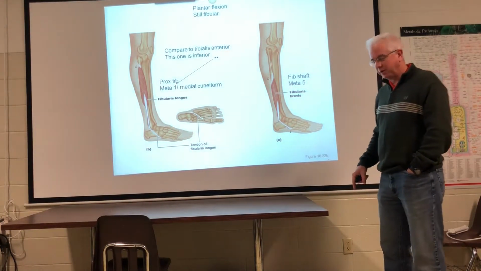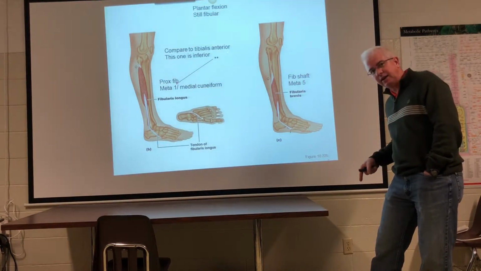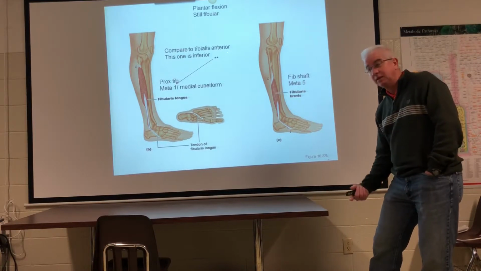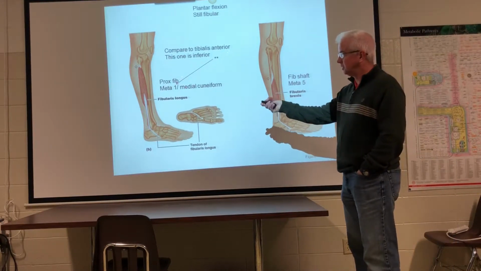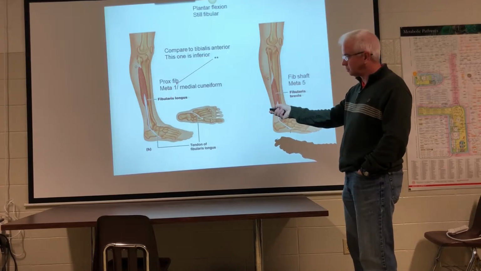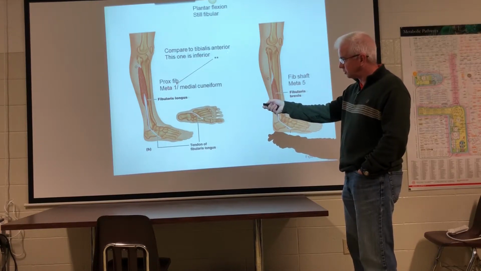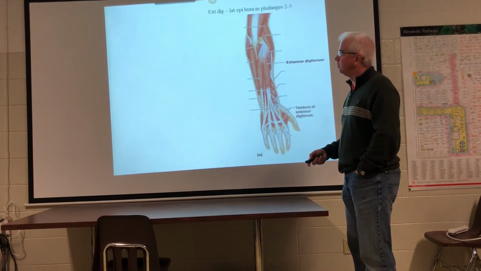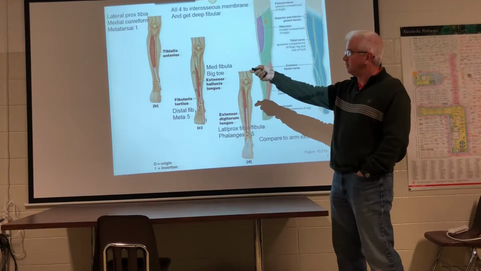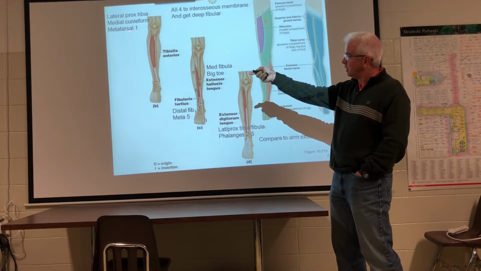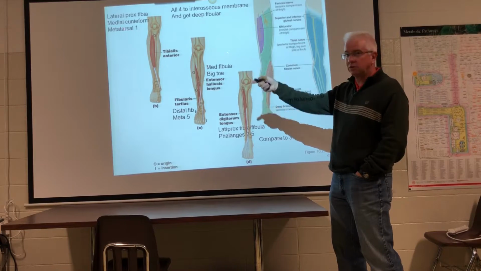So it's lateral there, but as it crosses the calcaneus, it goes underneath. So the distal attachments of the fibularis longus are the first metatarsal and the medial cuneiform. The distal attachments of the tibialis anterior are the first metatarsal.